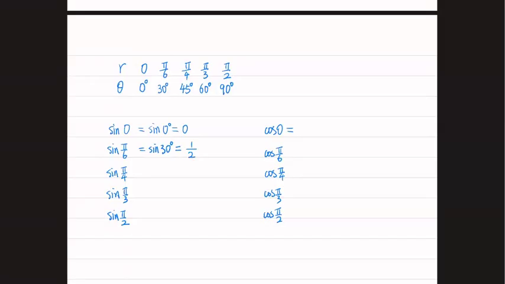Okay, Amy, next one, sine pi over 4. What degree? 45. Remember this one? No. Okay, so this one is very special.